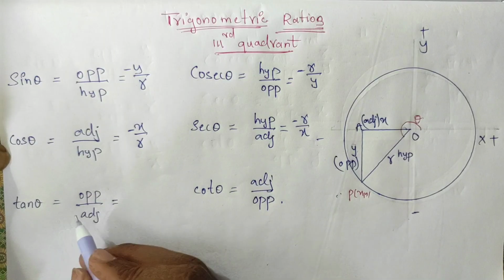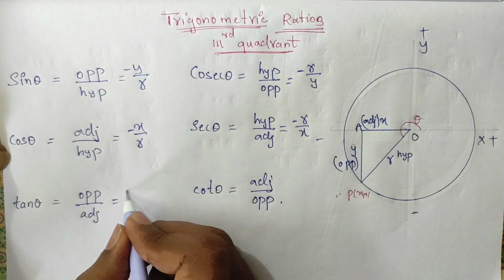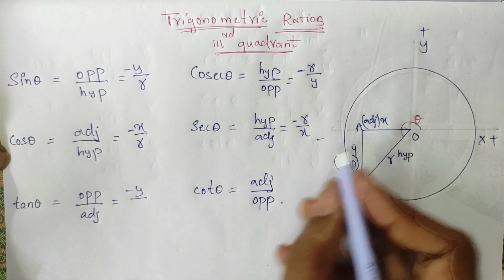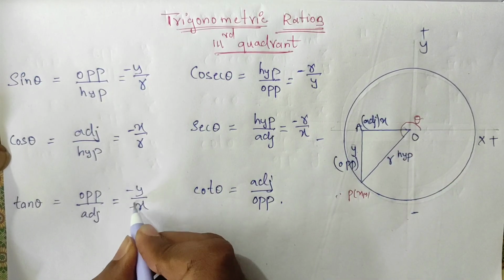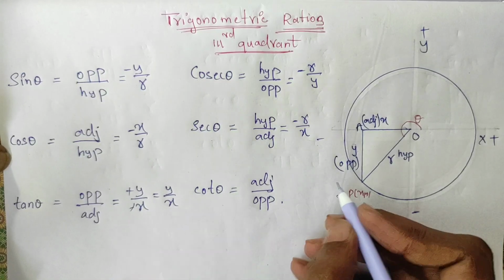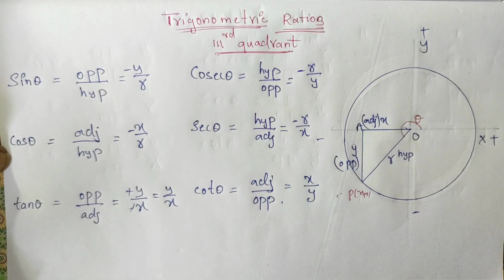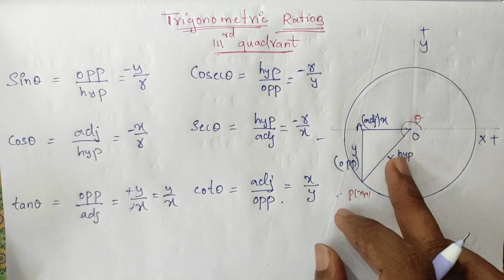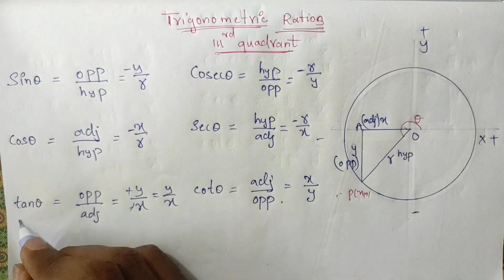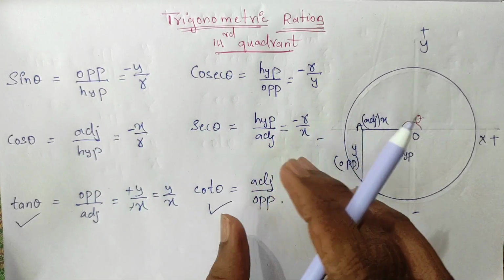Now tan theta is opposite by adjacent. So what is tan theta? The opposite side here is our y, minus y, by adjacent which is minus x. So here minus gets cancelled, we can write y by x. Similarly cot theta can be written as x by y. So what have we concluded? If theta lies in the third quadrant, only tan and cot are positive, the remaining 4 are negative.